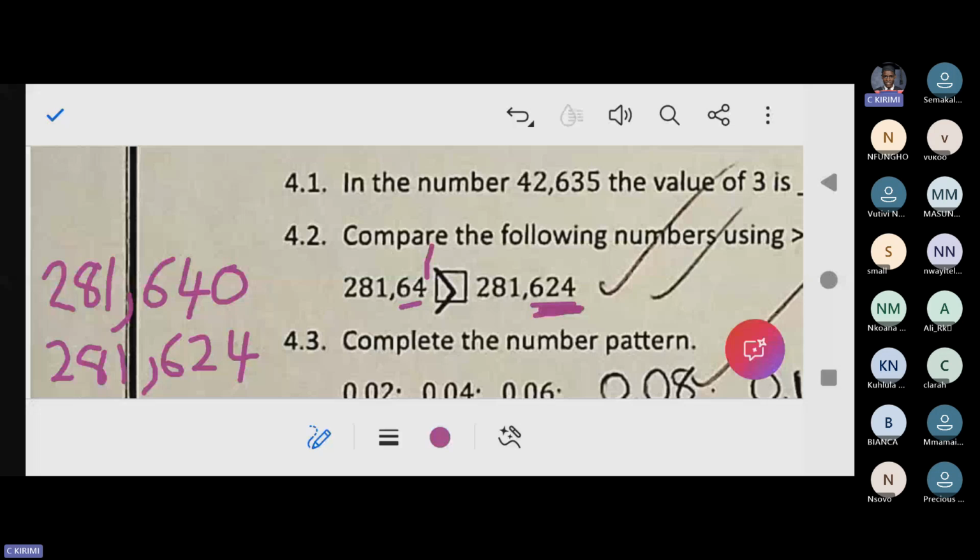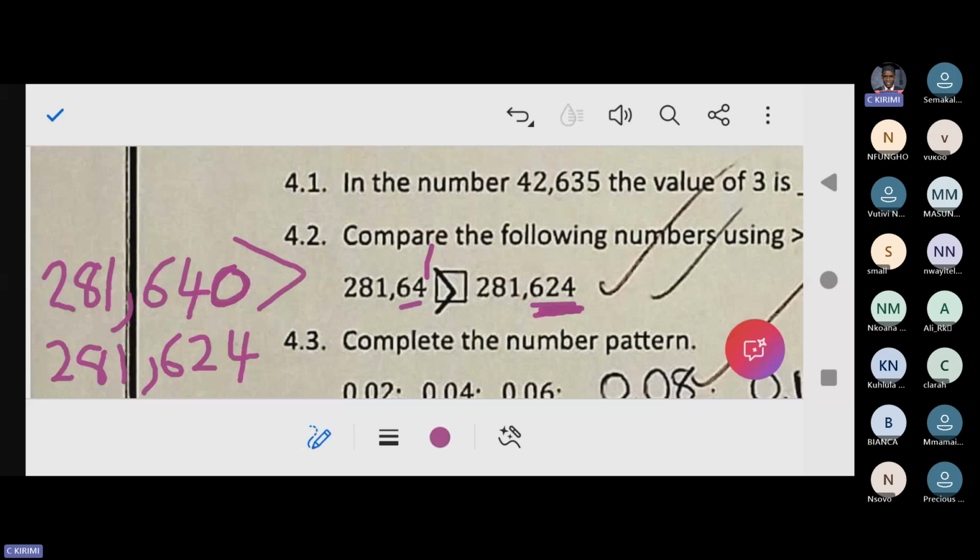So the trick, it is always like this. There's always a question which comes like this. They know learners are going to say 624 is bigger than 281,64, which is wrong. So the answer there is, this is bigger, only if you have added a placeholder of the 1,000. So always compare decimals with the same dimensions.